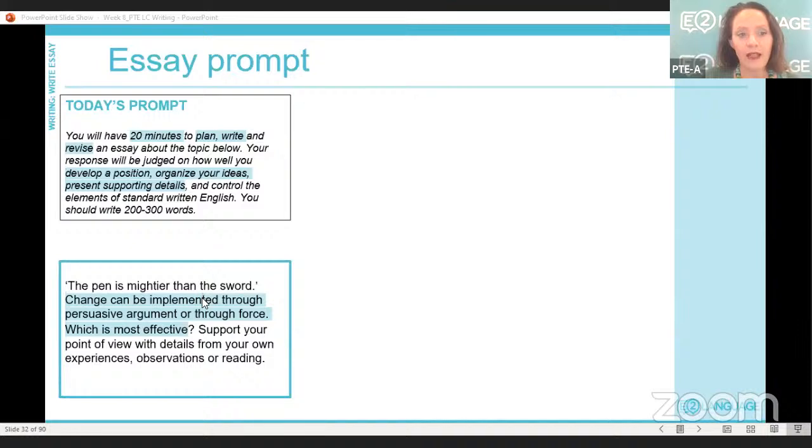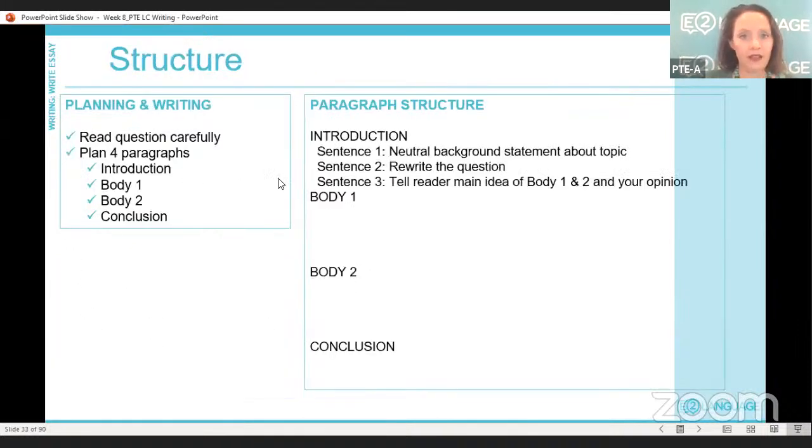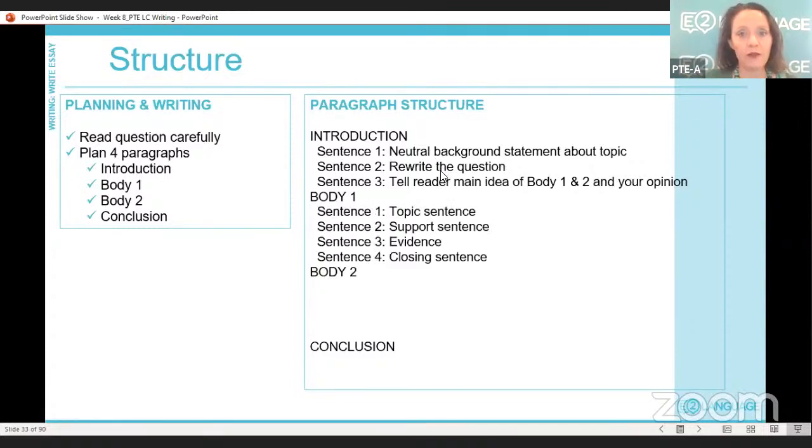And when we're going to write the structure, we're going to use our normal essay structure. So introduce the topic: some people think words can be more powerful, while others think that action and force and violence is more powerful. And then say which you think.